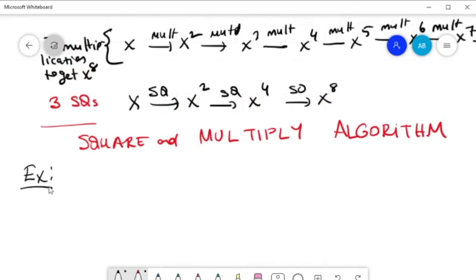I will show you through an example. Let's compute x to the power 26 through the square and multiply algorithm.